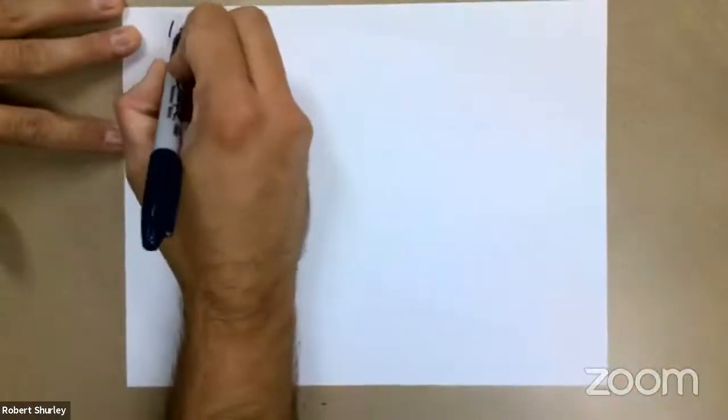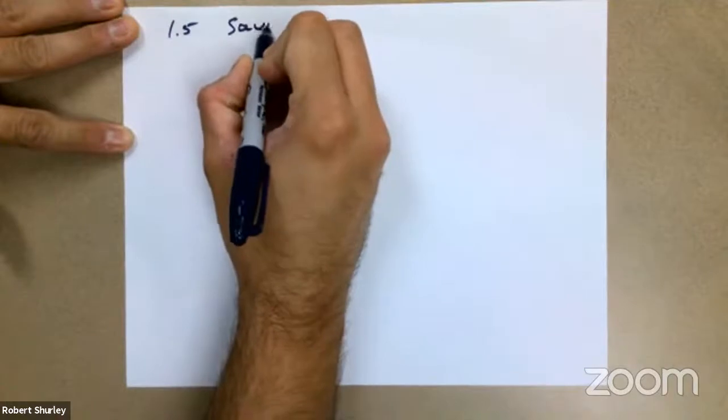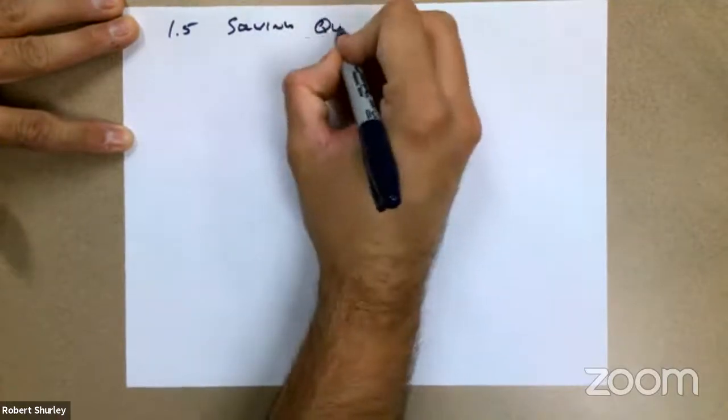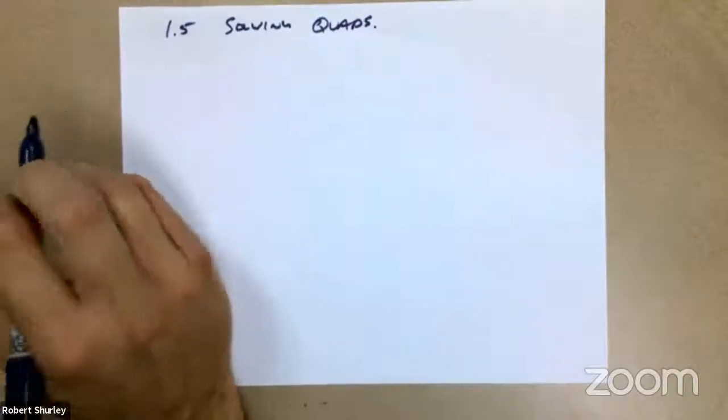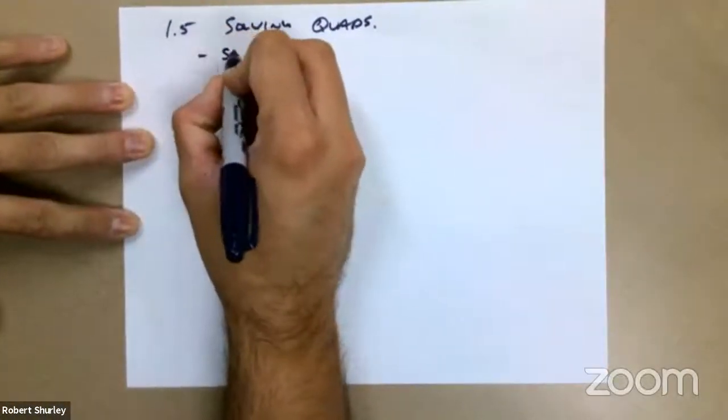Okay, let's get rock and rolling. So today is really a review of how to solve quadratics. This is just something you have to know. There's two main things you have to know. One is how to solve them by factoring.